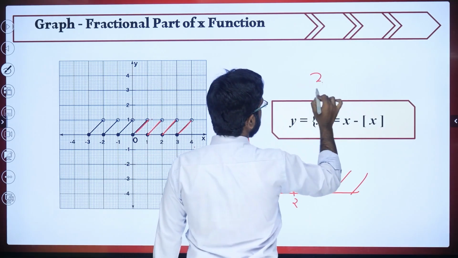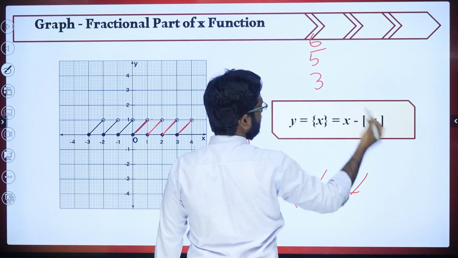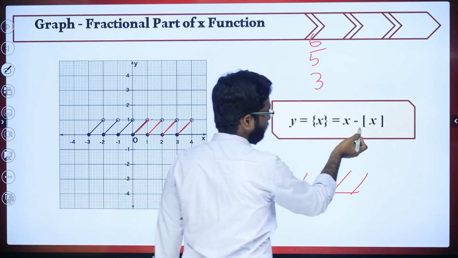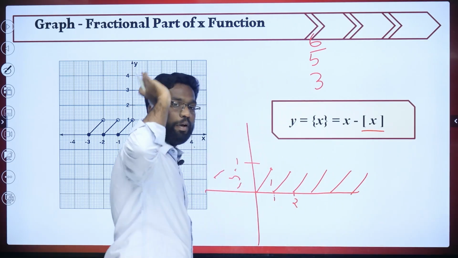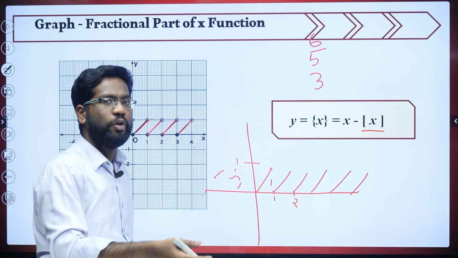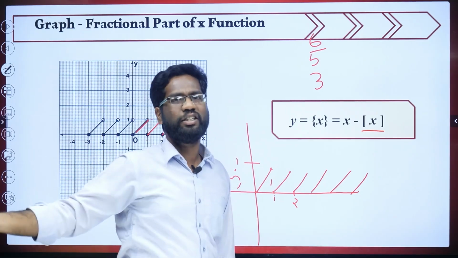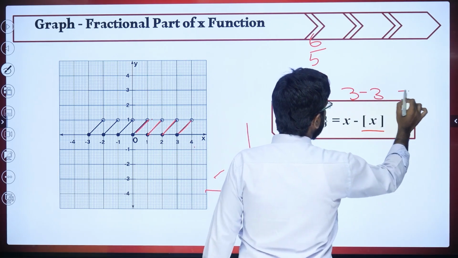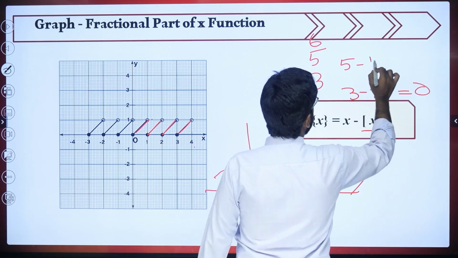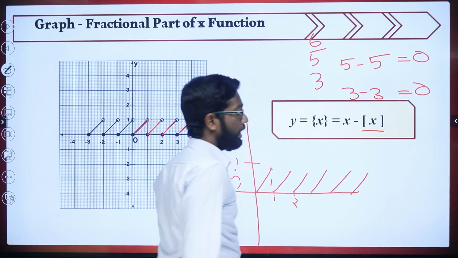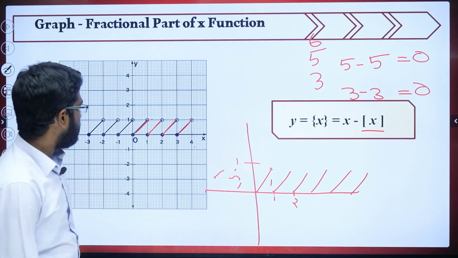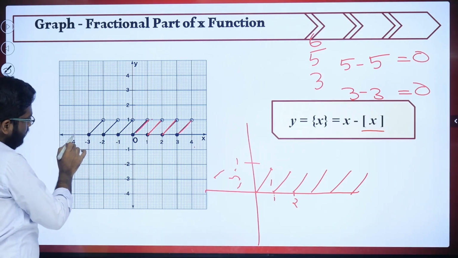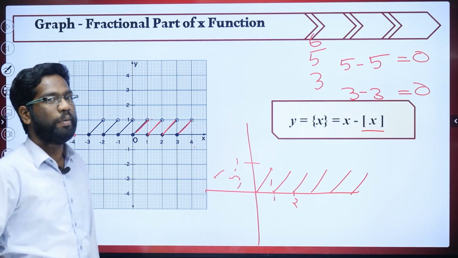Whatever 3, 5, 6, 10 I give, we know in the greatest integer function, if I put an integer value inside, it gives the same integer value outside. So 3 minus 3 means 0, 5 minus 5 means 0. So for every integer, it gives me 0, my dear students.